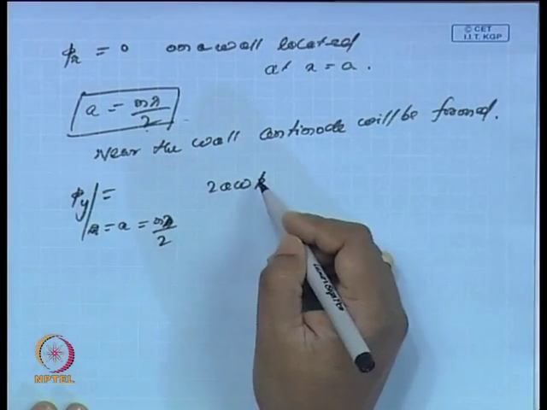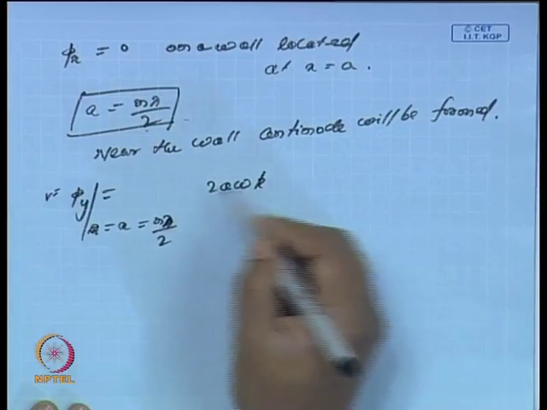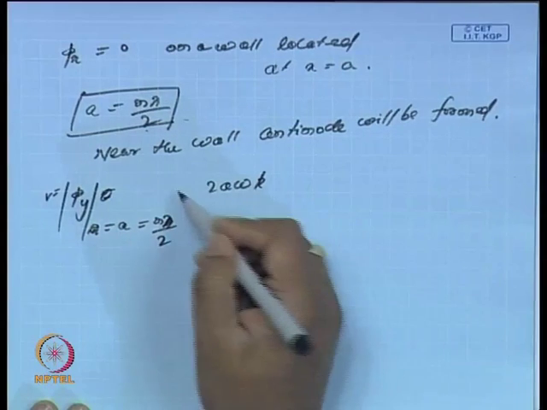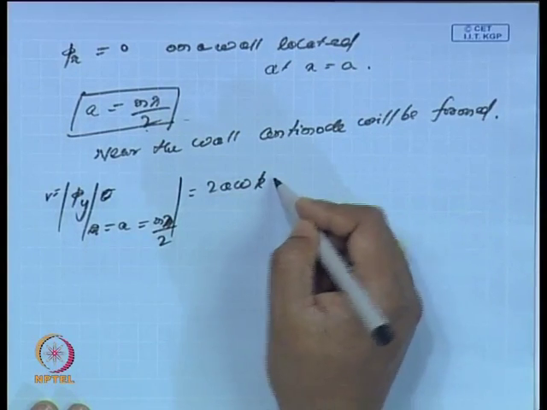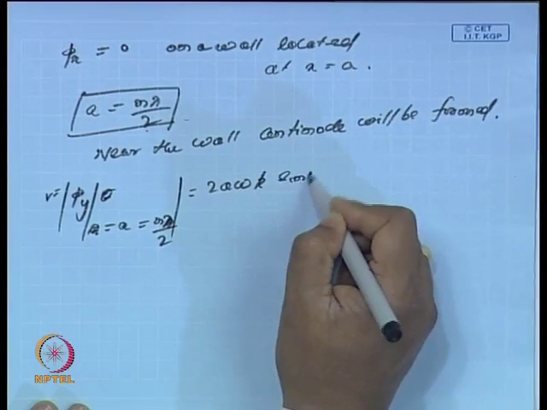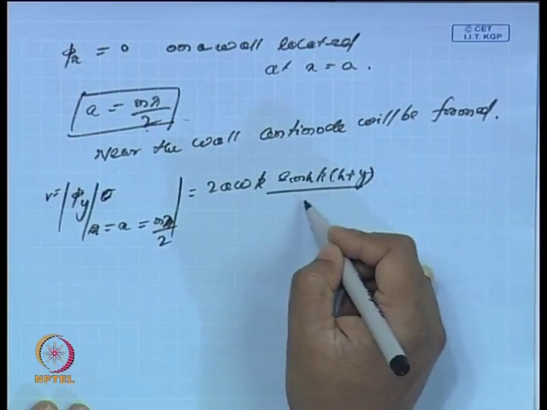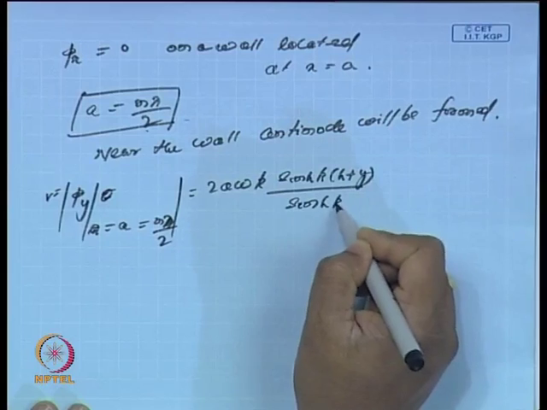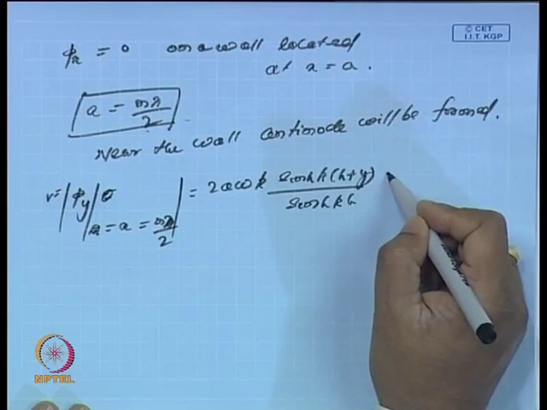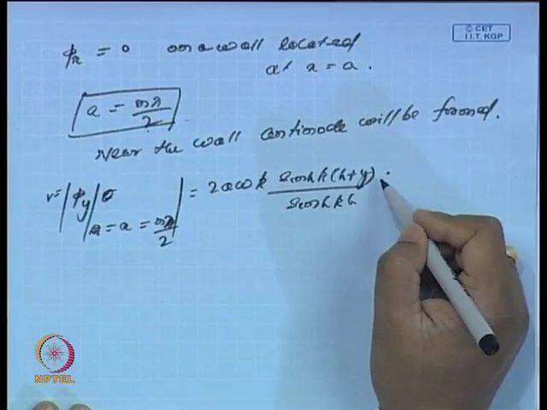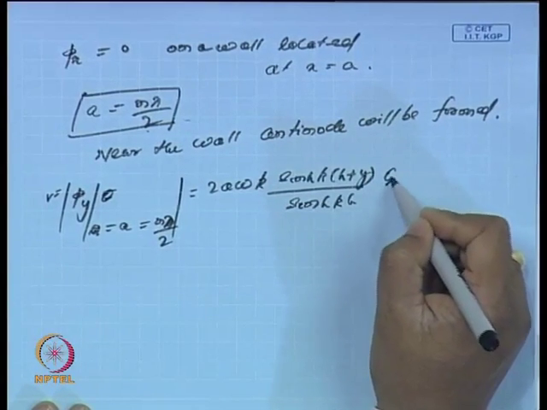So if I look at the maximum velocity v, I take the maximum of this, that will give me 2a omega k sinh k into (h plus y), because this part will be plus minus 1. I have taken the positive sign, so this will be into sin omega t.